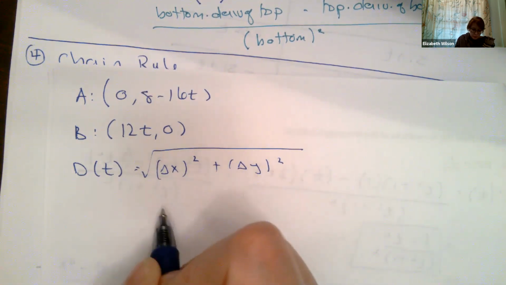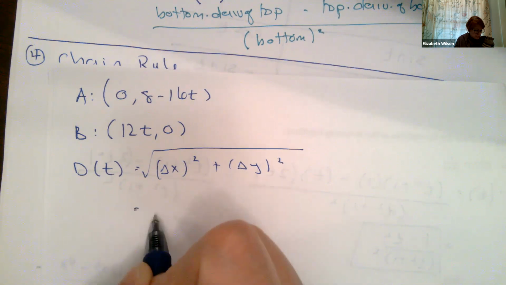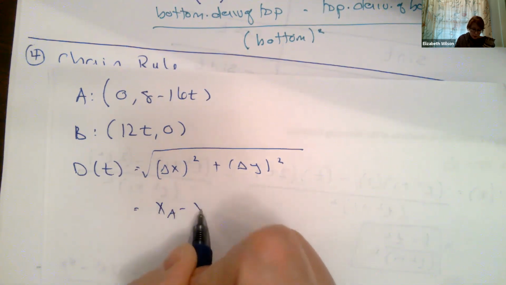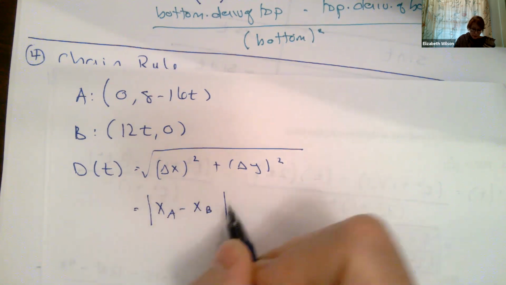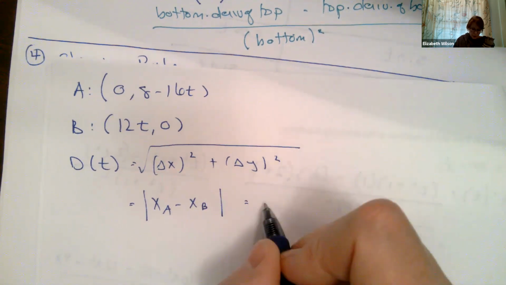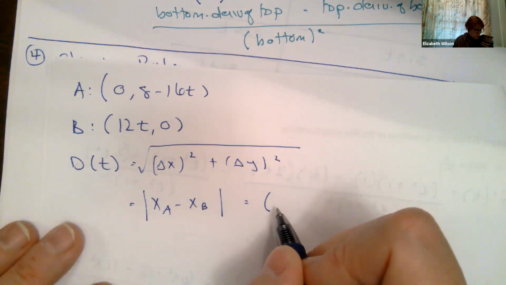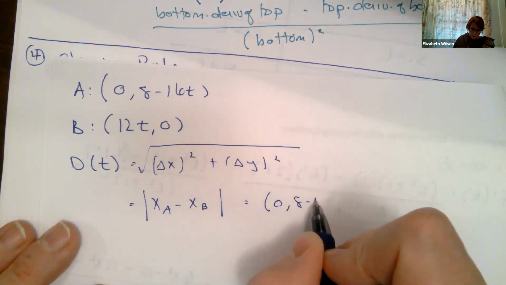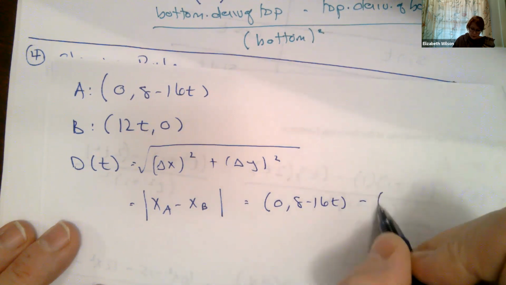So now let's write this out as, I guess I'll do x sub A minus x sub B. So I'm going to set this up where I'm going to go 0 minus.